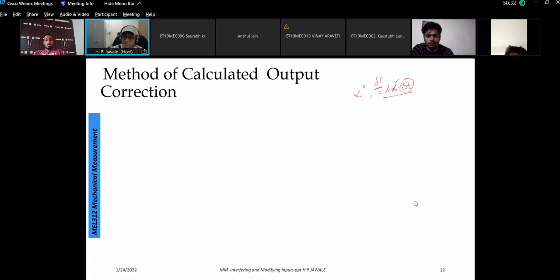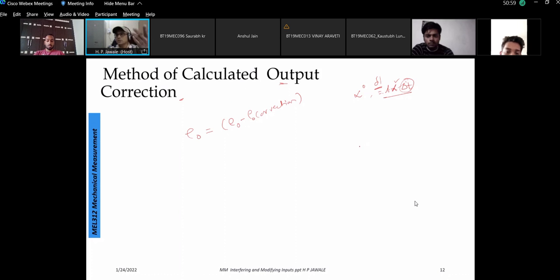Because of this change in length, I can subtract that from the length change of the gauge wire, and then I can reduce the strain. So whatever output is shown will equal the actual output shown minus the correction, E0 correction. Now what I have done is calculate the output correction.